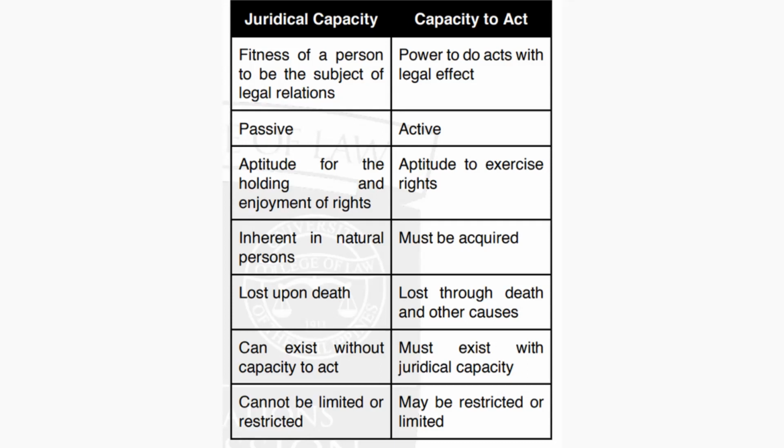So let's say A married B, and B has the capacity to act. Can he marry another person aside from his spouse? You cannot. So it's part of the restriction. Juridical capacity, however, cannot be limited or restricted.